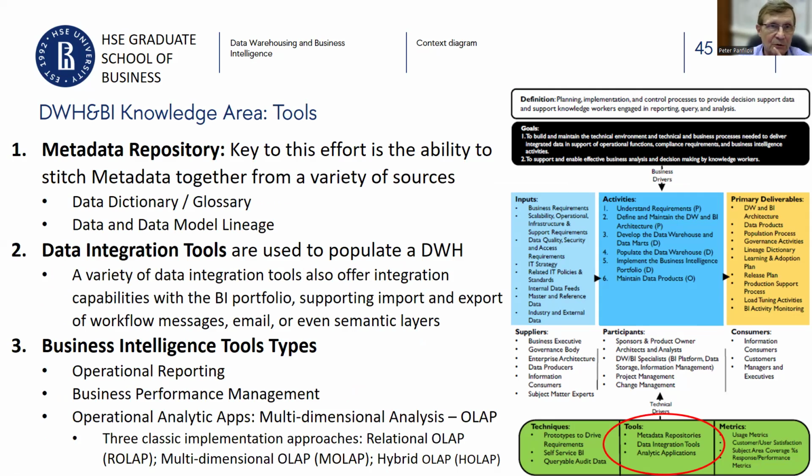And now some words about tools. What kind of tools can we use for data warehousing? Classical tools are the metadata repository. And it's pretty interesting that we can use metadata for data warehouse design, because these metadata repository tools usually have the ability to stitch metadata, the description of the data, with a variety of sources.